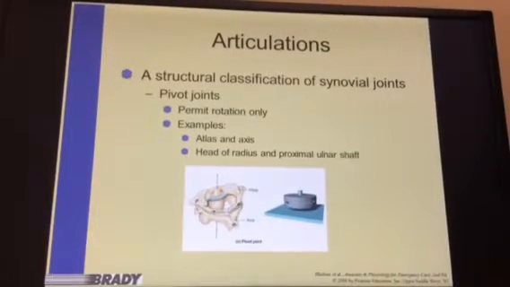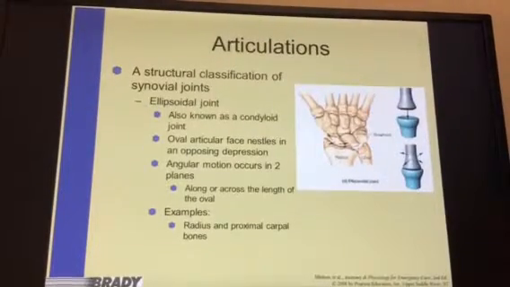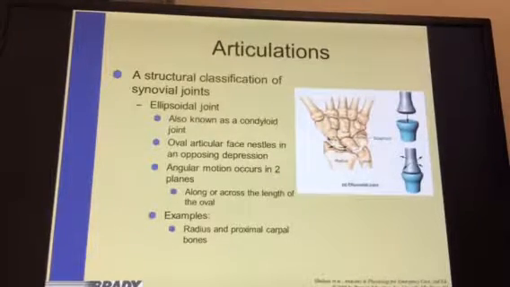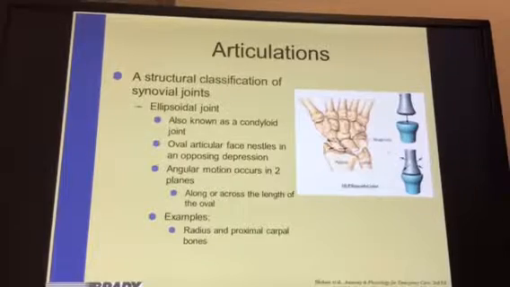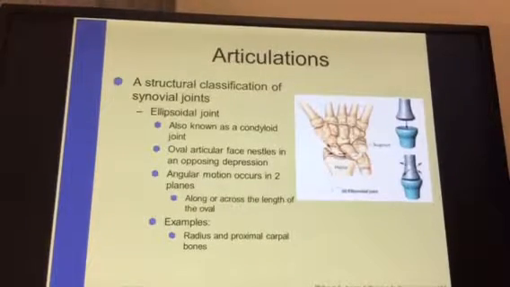You might see those in written format sometime. Other types of synovial or ellipsoid joints are especially where the radius and the ulna attach to the hamate and the scaphoid bones. Again, you just need to know these as the carpal bones. But this is also an ellipsoid. You can see it's an elliptical type of joint and allows for different rotation and motions at a lot of different angles.